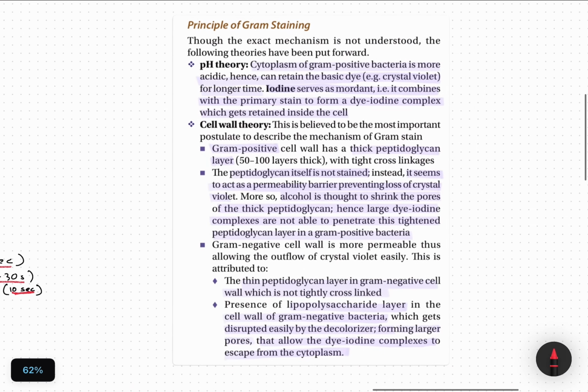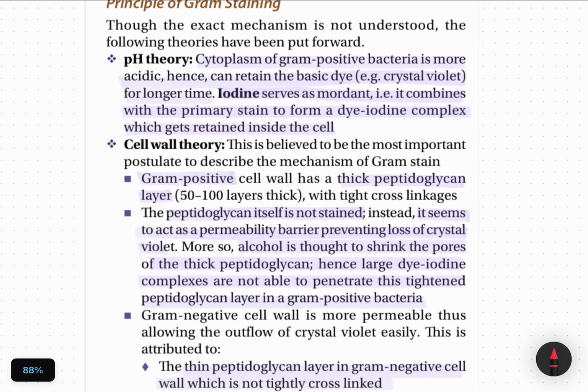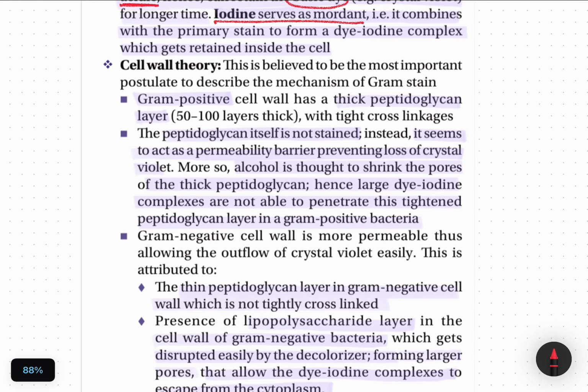So that's okay. Now we are moving on to the principle. There are two principles that we commonly say for gram staining. One is that gram positive bacteria have more acidic cytoplasm, so they will take up the basic dye. Now iodine will act as a mordant and it will produce a bigger diiodine complex. But the most accepted theory here is the cell wall theory, where it is said that gram positive cells have a thick peptidoglycan layer.